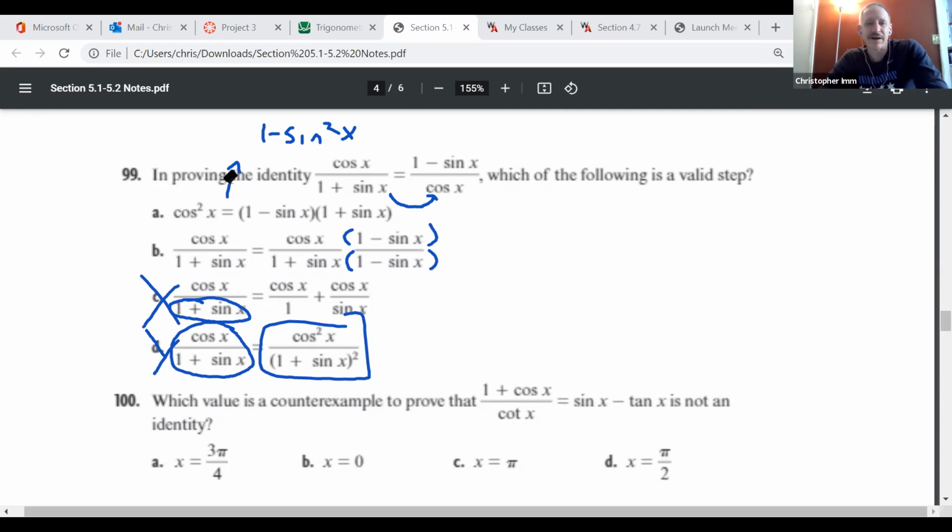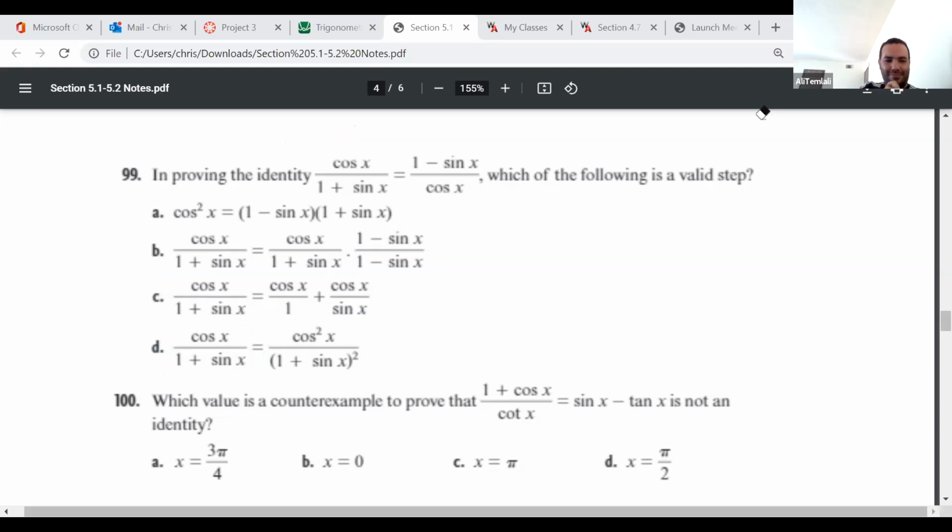So it seems like that could work too. So I think either A or B is going to be valid there. I think probably the first step you would do is B and then go on to A. So I think you're all right. Way to go. Yes. All right.